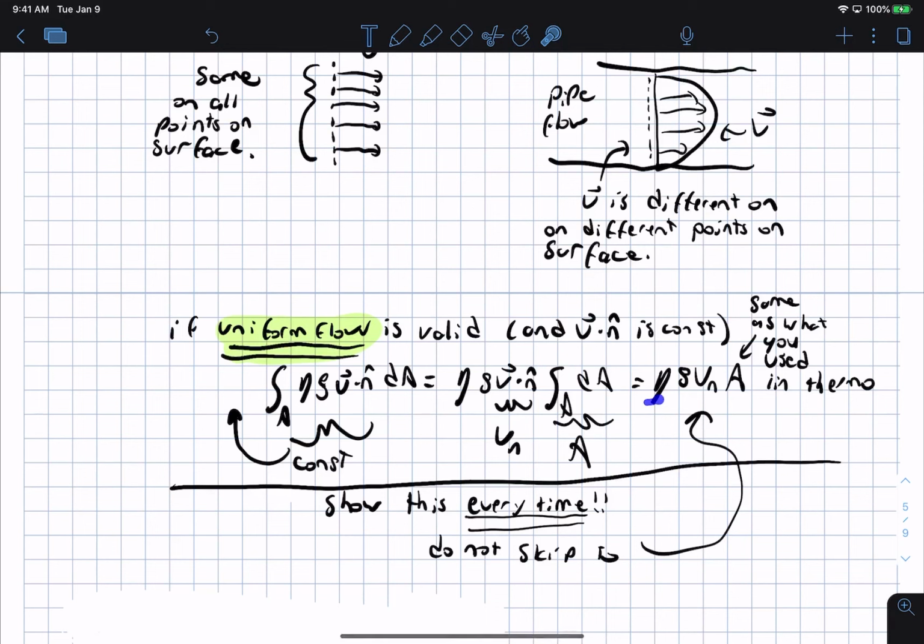If all you do is remember formulas for these simple cases, you will not be well equipped to handle the more complex cases that you will encounter in industry, where you are required to use the more generic expressions. So again, do not just skip from here to here.